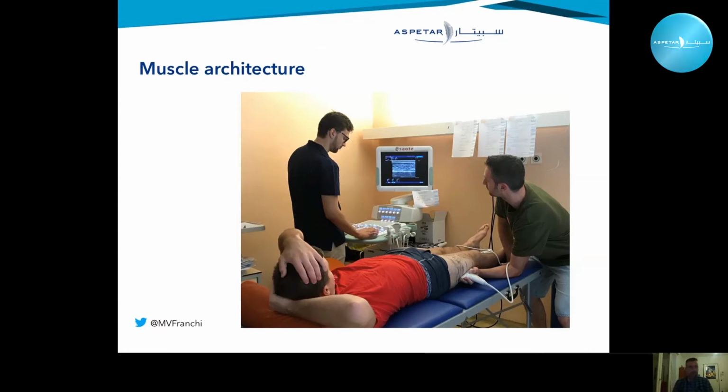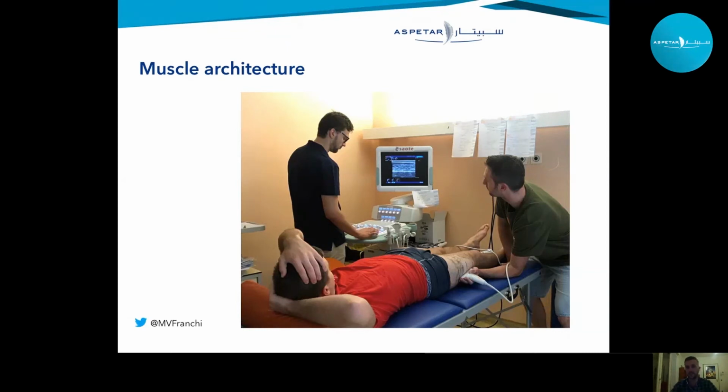You can also see a little bit of muscle architecture with some MRI sequences, and you can also measure three-dimensional muscle architecture with diffusion tensor imaging, which is quite difficult, but it is being implemented quite a lot in recent years, let's say in the last decade. I will not talk about the three-dimensional portion of muscle architecture just yet. We will touch on it at the end of the presentation.